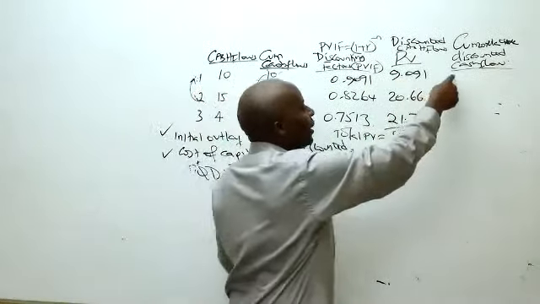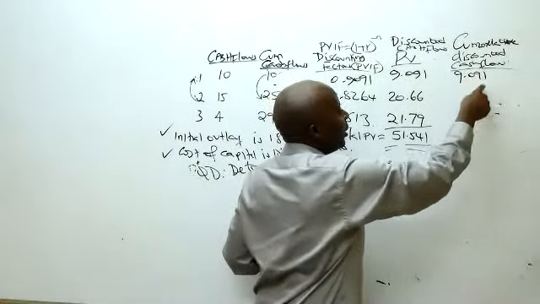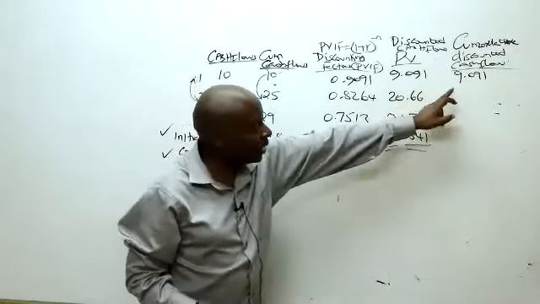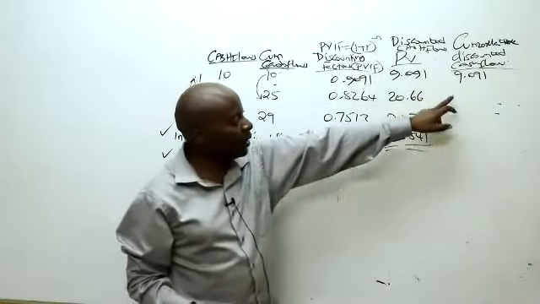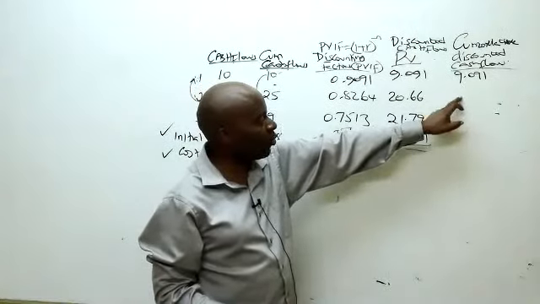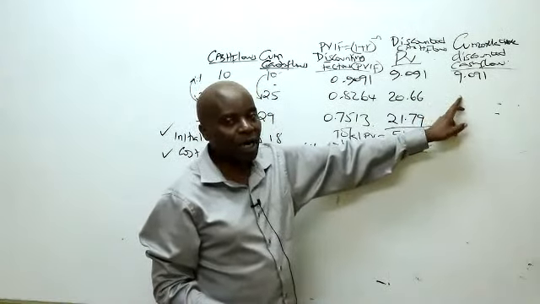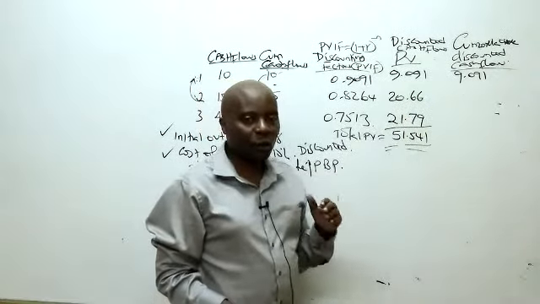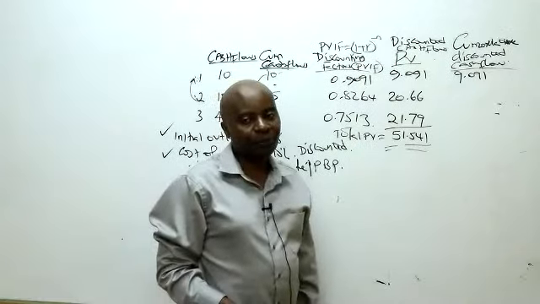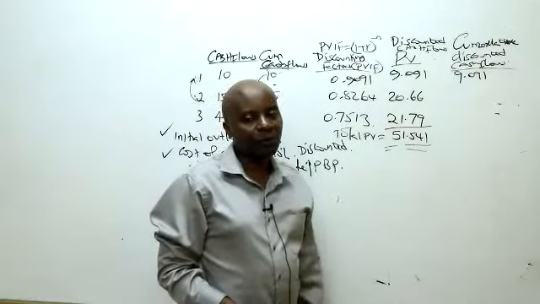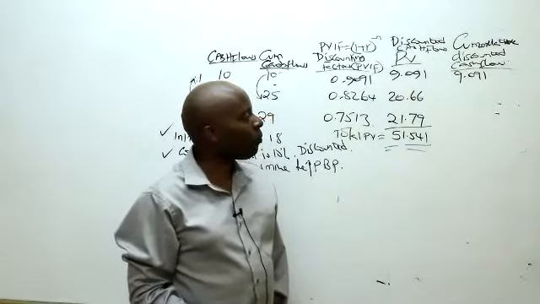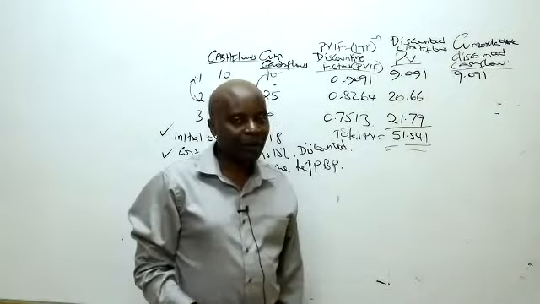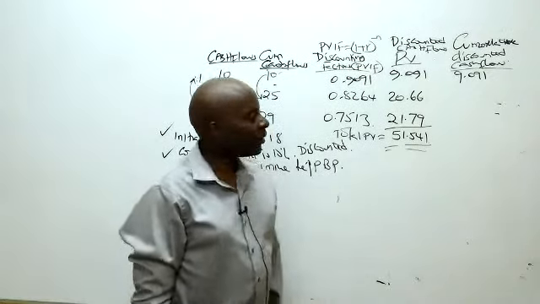So what do we have here? Add the 9.091 to this figure, and give me the cumulative cash flow for this. 9.091 plus 20.66, what do we have there? 29.75.